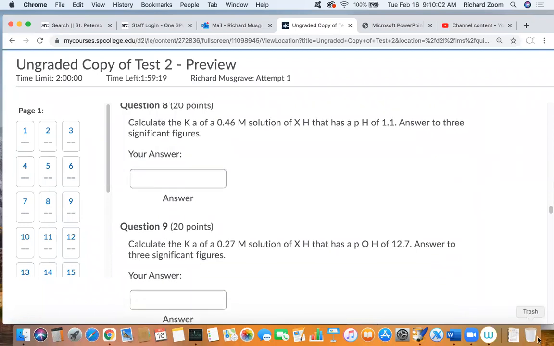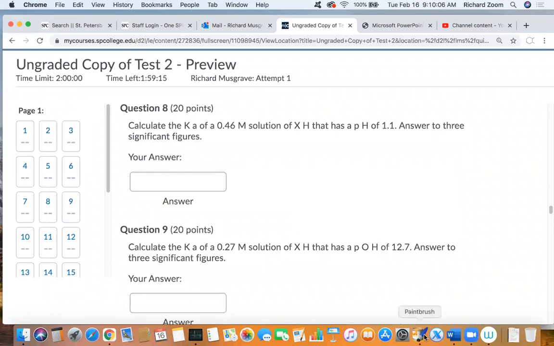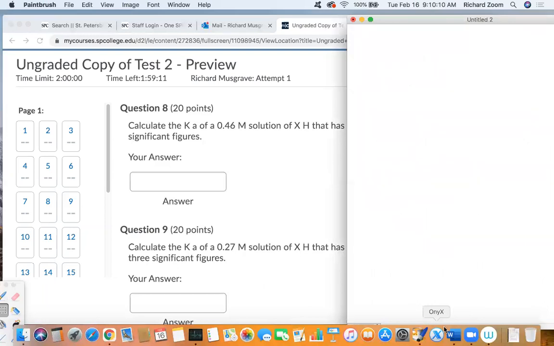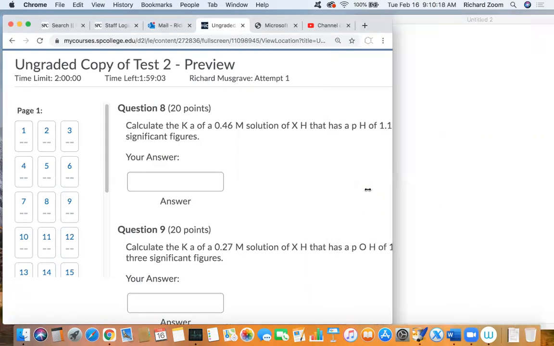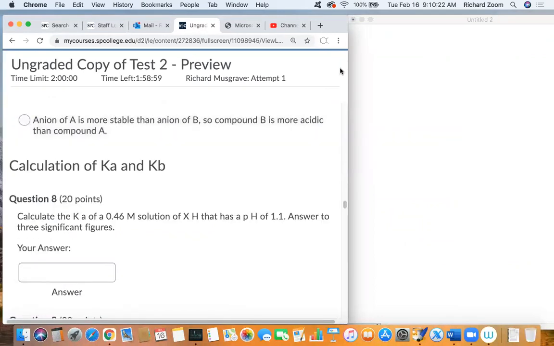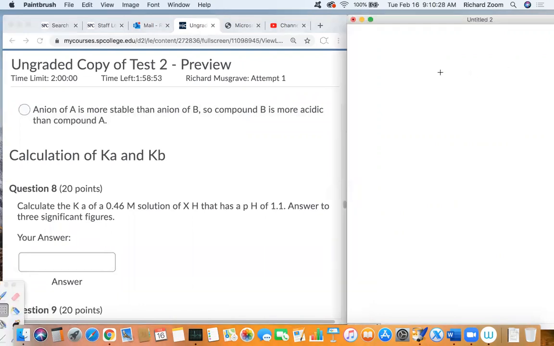So you can see that there's actually 4 questions, 8 and 9. For questions 8 and 9, there are 4 possibilities that you could pick up here. And you can get any of these.